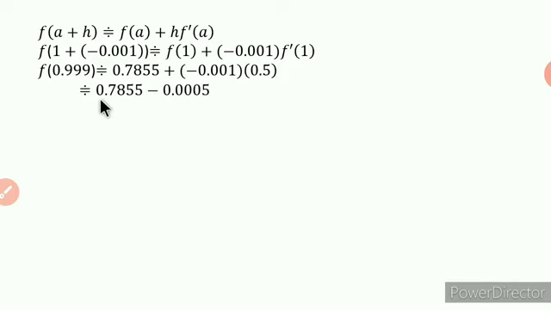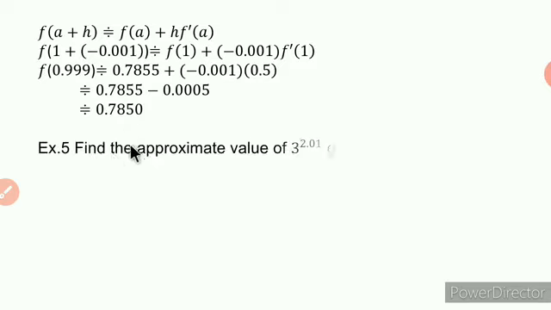It is approximately 0.7855 minus 0.0005, because 1 into 5 is 5, but the decimal point is after 3 places in one number and 1 place in the other, so we put the decimal point after 4 places. Taking the subtraction, it is approximately equal to 0.7850. And therefore the value of tan inverse of 0.999 is 0.7850.